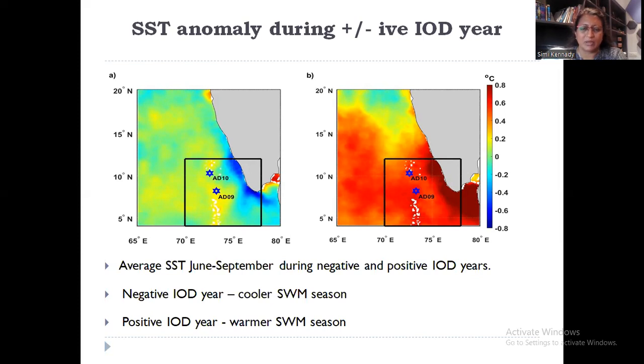During negative IOD, the cooler SST is almost confined to the coastal region, while during positive IOD, it is spread over a widespread region in the southeastern Arabian Sea. This is the region we are interested to look into, that is 4 degrees north to 12 degrees north and 70 to 78 degrees east. And these are the two mooring locations within the southeastern Arabian Sea, that is AD09 and AD10.